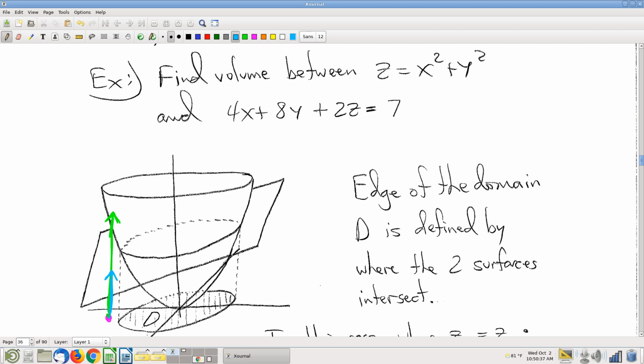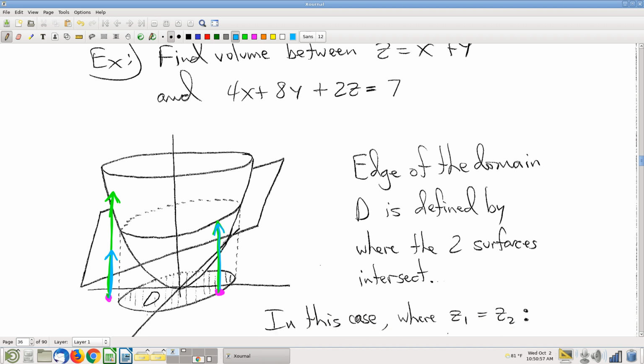And if I want to find where those 2 surfaces intersect, what I am looking for is points where the distance up to the paraboloid is the same as the distance up to the plane. I'm looking for where green is equal to blue in this picture.